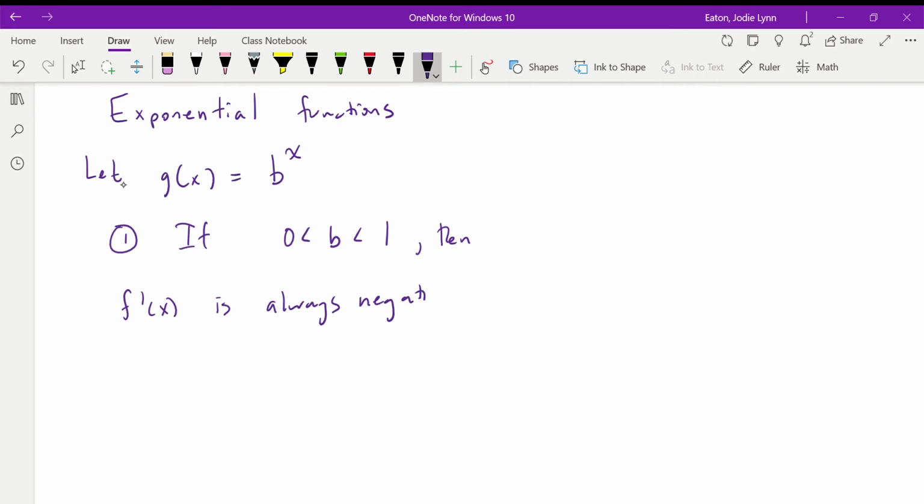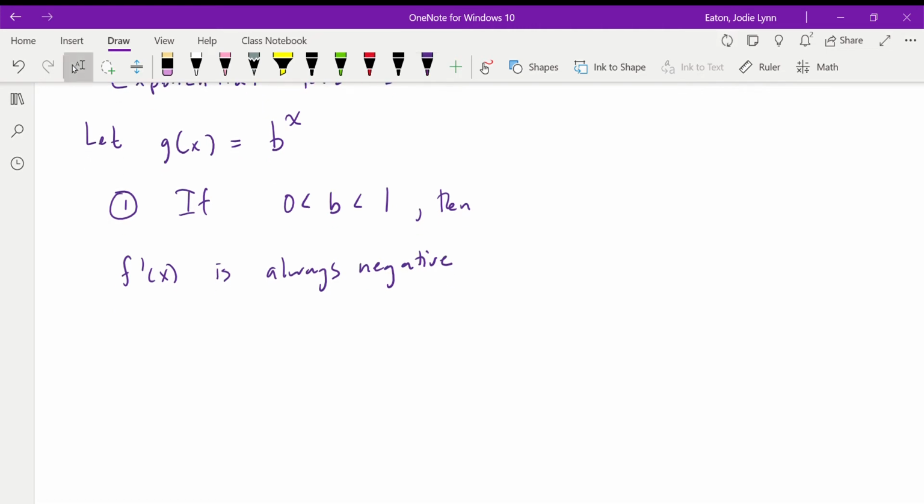Now remember that f prime of x means the slope of the tangent line at any given point x. So if we draw a graph, we can see why. For b less than 1, an exponential function looks like this. It's kind of going downhill, and we can see it has a horizontal asymptote at y equals 0. We can see it's always decreasing, so that would mean f prime of x is always negative.